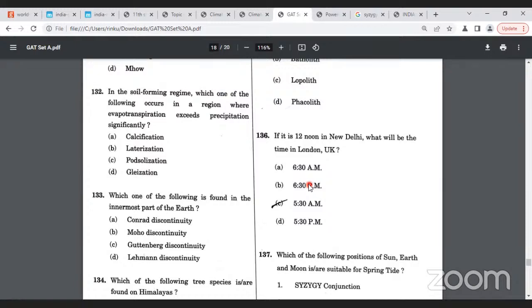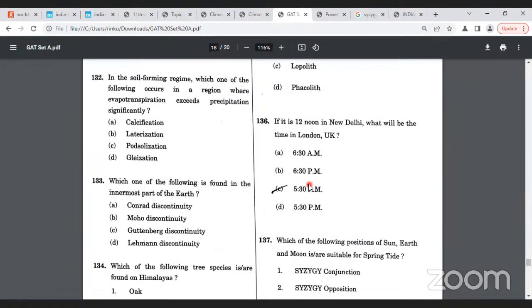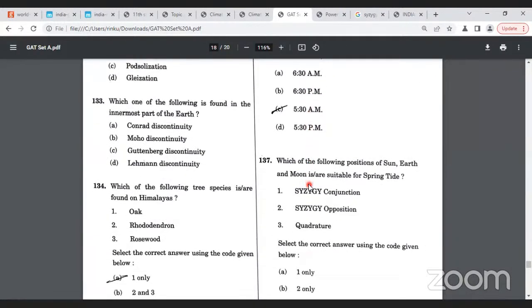It also makes sense that due to capillary action, all the minerals in the lower layers of the soil are brought forward and hardened in the upper layers of the soil. That will lead to calcification of soils. So we are looking at that. Question number 132, the answer should be A, calcification. Dry soils, that should be the answer.